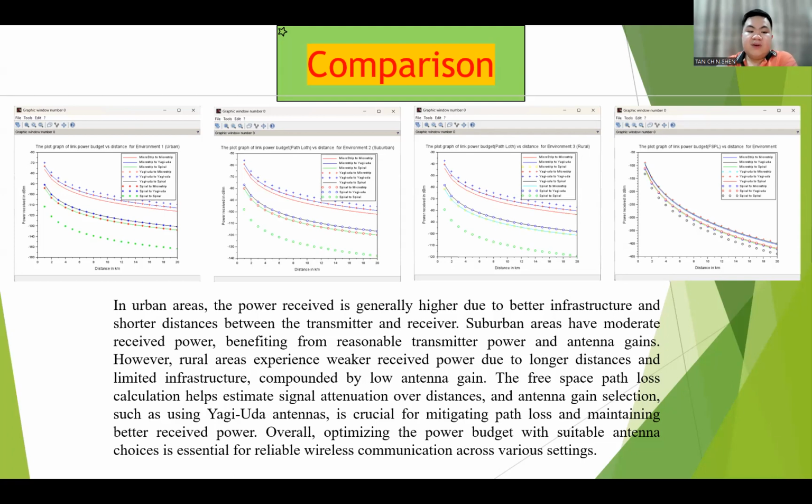Okay, so the free space path loss calculation helps estimate signal attenuation over distance and antenna gain selection, such as using a Yagi-Uda antenna, which is a cure for mitigating path loss and maintaining better receive power. So overall, optimizing the power budget with suitable antenna choice is essential for reliable wireless communication across various settings.